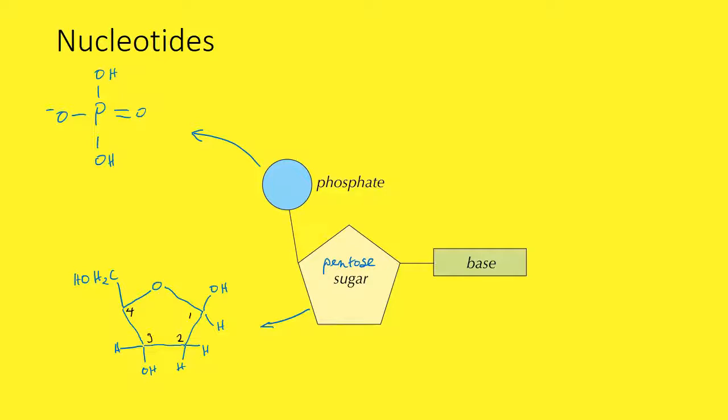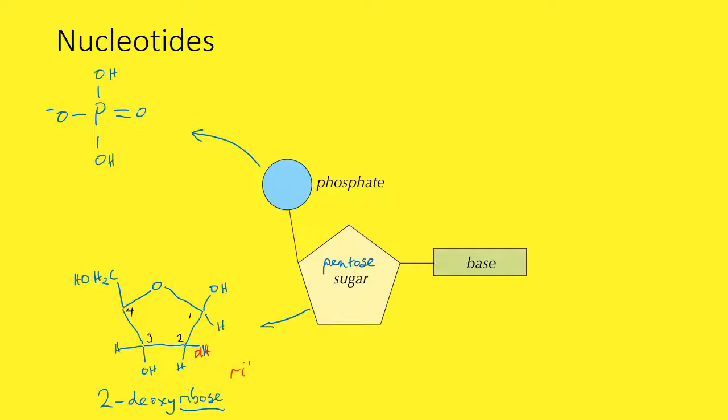And this particular sugar is called 2-deoxyribose. 2-deoxy, not dioxy, deoxyribose. It's a derivative of the sugar ribose. A straight ribose would have a hydroxyl there on carbon number 2, but in 2-deoxyribose, you've lost that oxygen and you've just lost that whole hydroxyl group there.